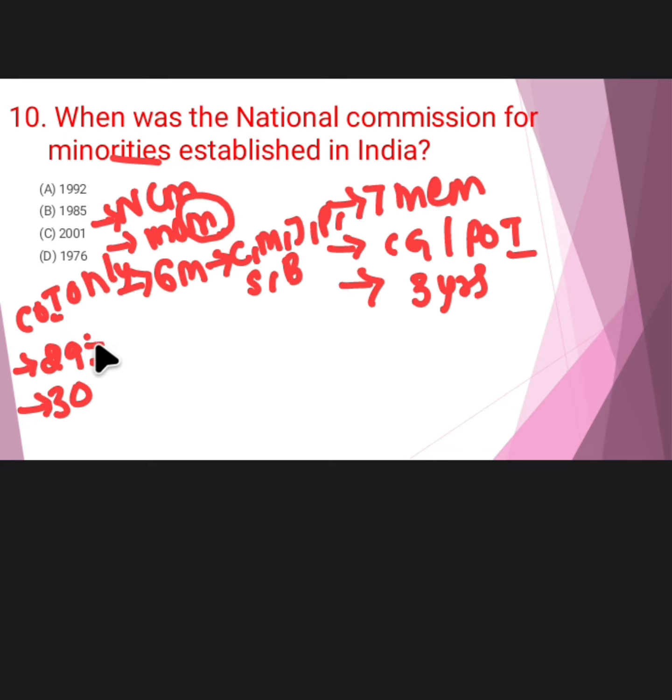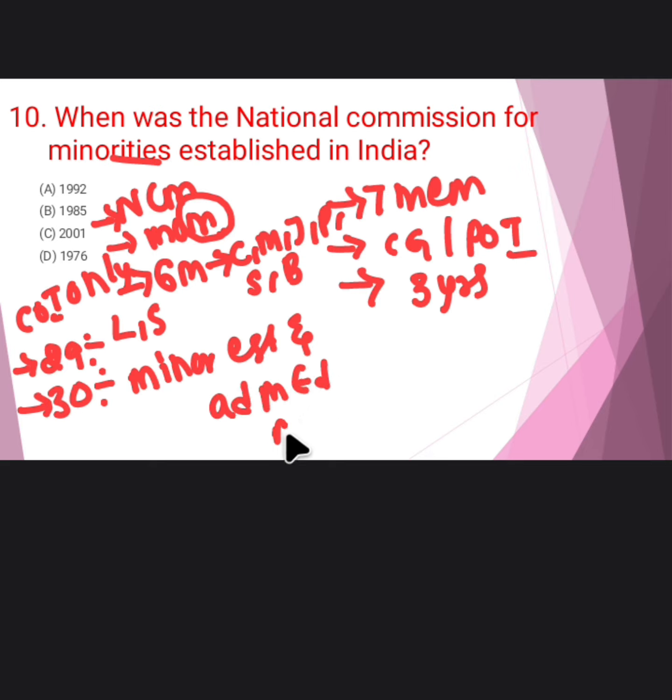Article 29 talks about the rights of minorities to conserve and protect their language and script. Article 30 allows the minorities to establish and also administer educational institutions. So this is basically talking about minority educational institutions.